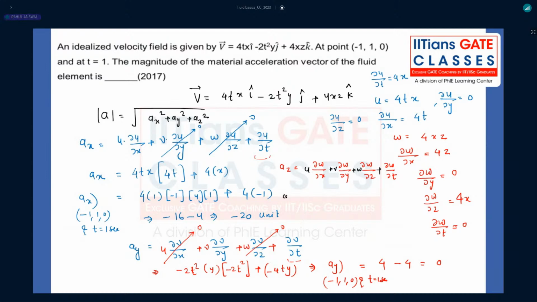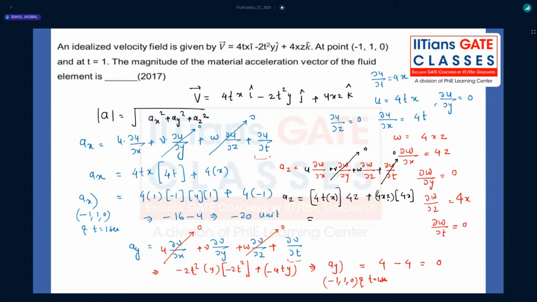Plus acceleration in the z direction will be, see, ∂omega/∂x along with the u, 40x, ∂omega/∂x that is 4z, ∂omega/∂y that is 0, ∂omega/∂t that is 0, omega into ∂omega/∂z. Omega is 4xz into ∂omega/∂z, that is 4x.